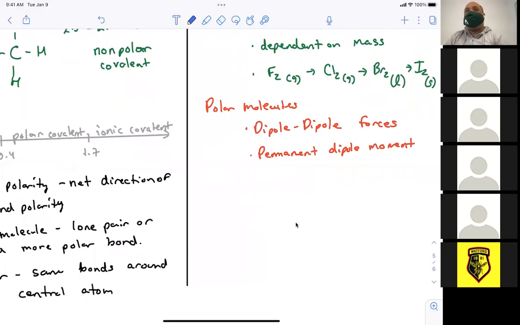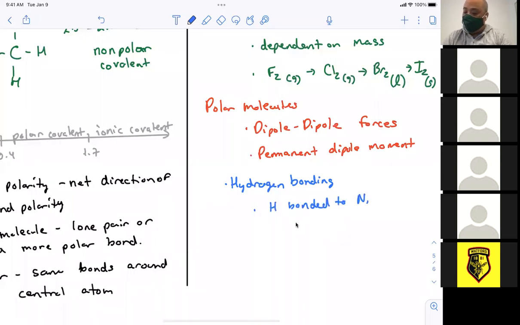Now within the polar molecules, there is a stronger dipole-dipole attraction known as hydrogen bonding. And that occurs when H is bonded to N, O, or F. The reason why is because N, O, and F are the most electronegative elements and the smallest elements in the periodic table.